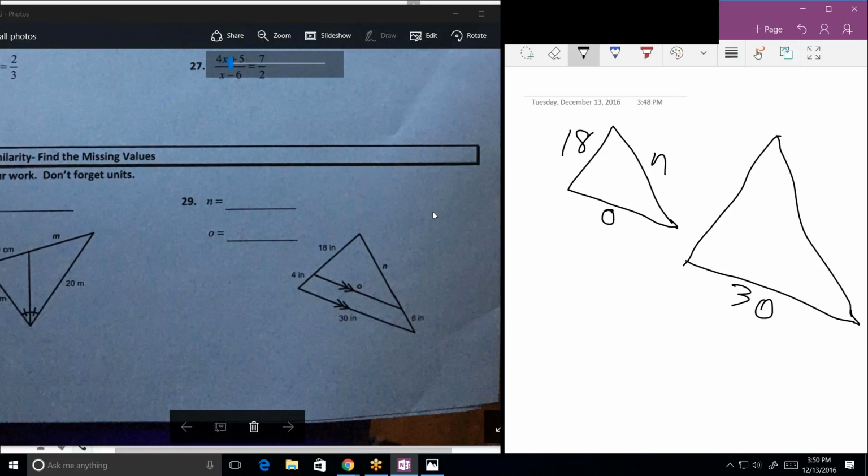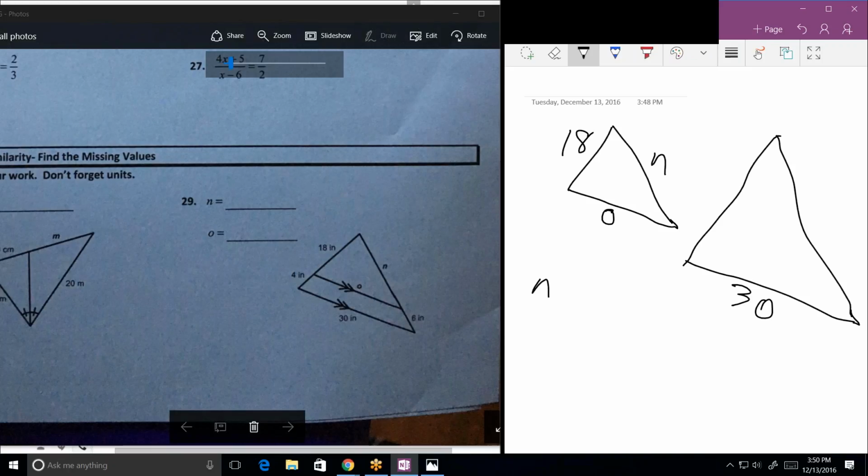So give me a ratio if they're similar. n is to what as what is to what? n is to 6, or n over 6 is... I'm a little uncomfortable with that. That actually might be right, but I don't think it is.